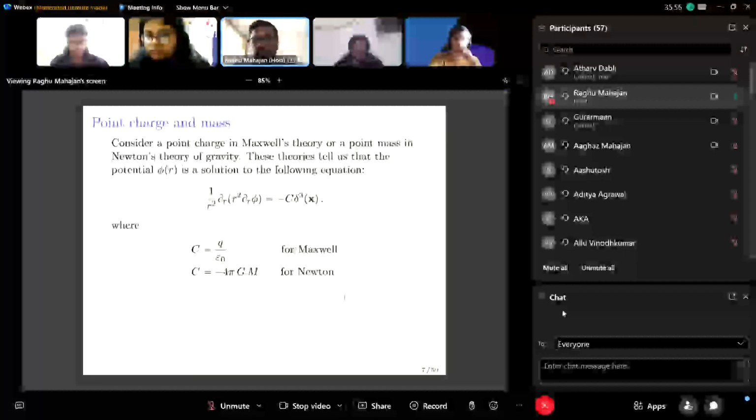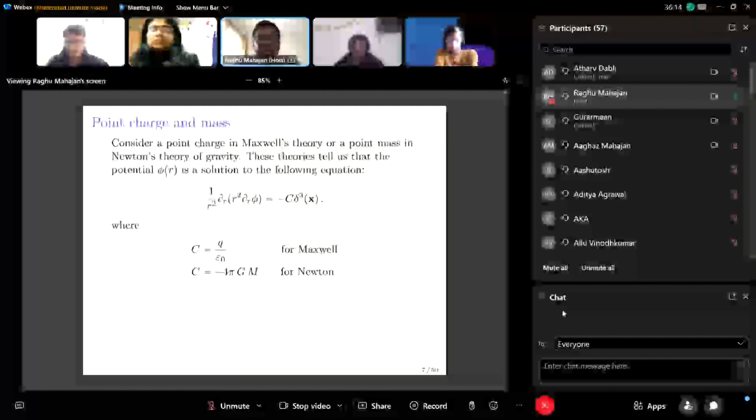So what are the kind of things we solve for? The first thing you do is solve for the field of a point charge. Even in the JEE syllabus, we know that there's a point charge or a point mass, and it generates a potential. There could be a gravitational potential or an electromagnetic potential, depending on the theory you're considering.